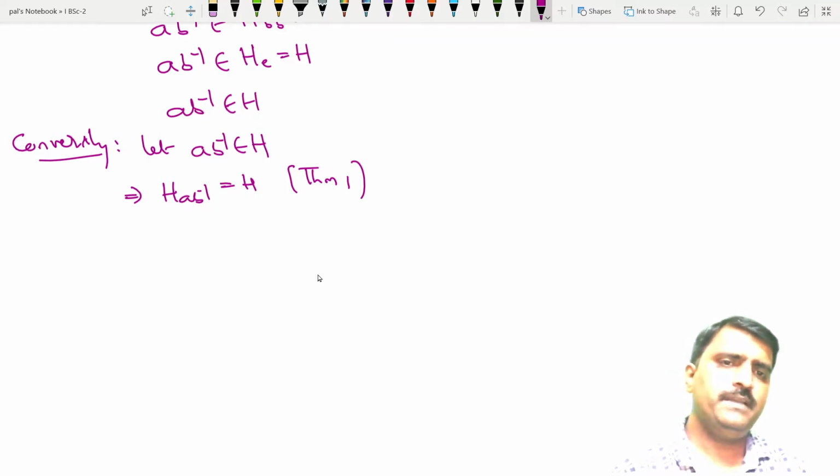Which implies that HAB inverse into B, which is another coset, is an element of HB.